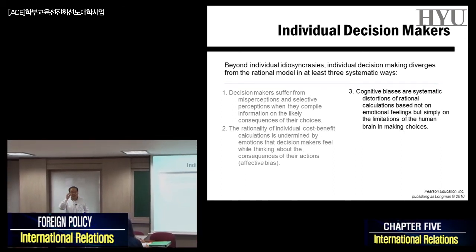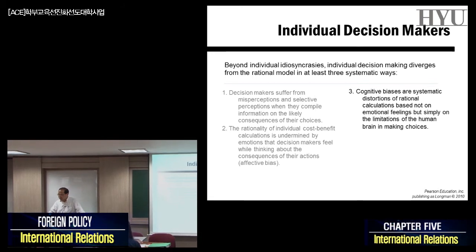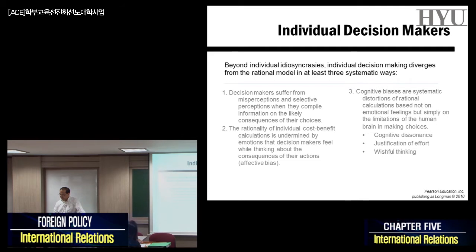Cognitive biases are systemic distortions of rational calculations. Then prospect theory, all these different irrational models. At the end, what all this means is just this. In other words, individual decision making follows an imperfect and partial kind of rationality.